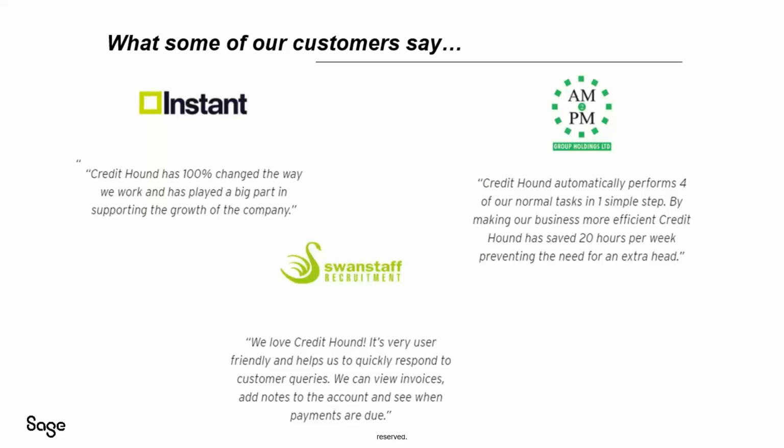Whatever a business's reasons are for wanting to improve their cash flow, whether that's to support the growth of the business, to reduce workload for staff, or prevent needing to hire extra staff, you name it, we've helped them achieve it. Our retention rate for Credit Hound is about 98%. Once people start using it, they quickly realise the impact it has, not just on the accounts department, but the rest of the business as well.